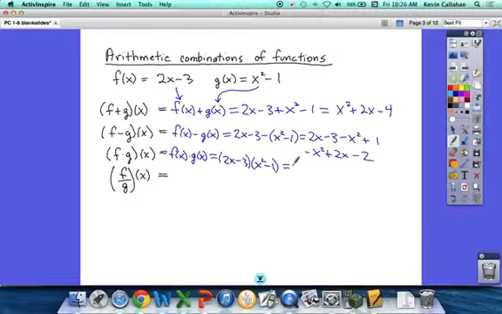Simplify. 2x to the third minus 3x squared plus 2x plus 4. I foiled them and made sure to do it in standard form, highest power term on the left.